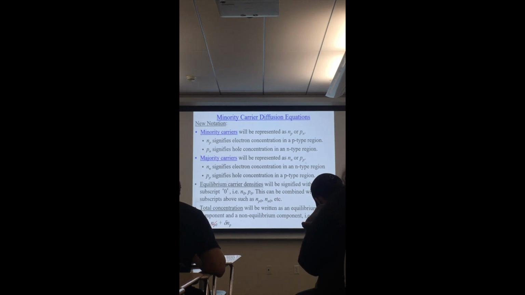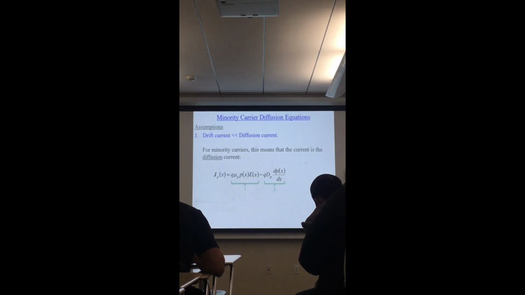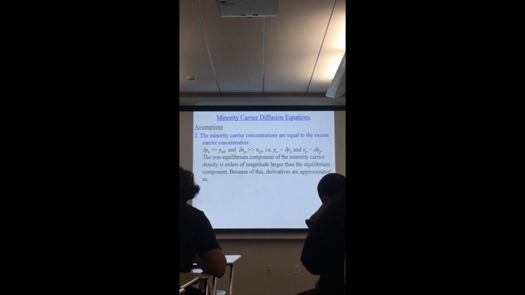So this n sub p is equal to delta n sub p, and same for holes: p sub n is the same as delta p sub n. So the non-equilibrium component is several orders of magnitude larger than the equilibrium component.